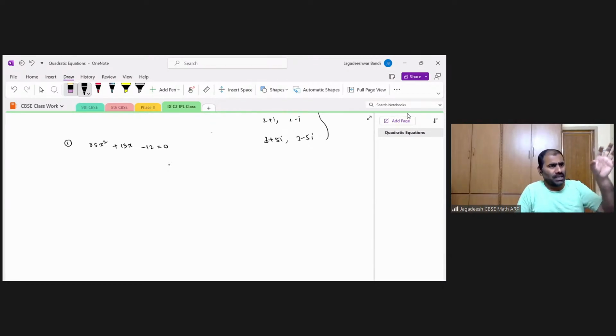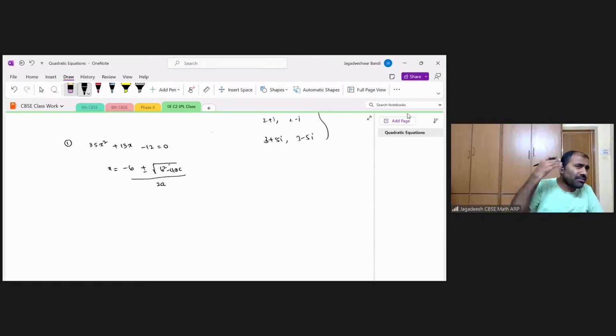Either you can use the prime factorization method or the splitting middle term method, or better, use the direct formula x equal to minus b plus or minus square root of b square minus 4ac, whole divided by 2a. Whichever method you feel comfortable with, you can use it. It is not descriptive, so we need the final answer, that's it.